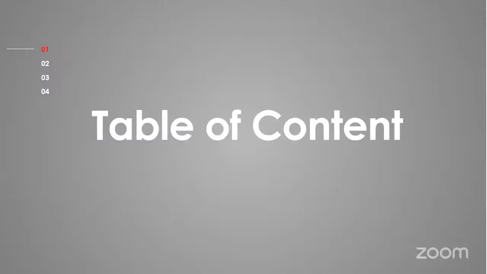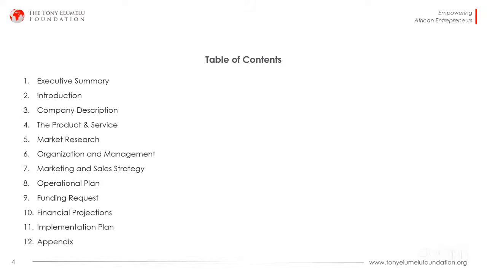Okay, great. So the content I'll be walking you through today will be the executive summary, which is very important, which gives a summary of everything about your business at a glance. Somebody looking at your business, in 1 or 2 pages should be able to know everything about your business here.